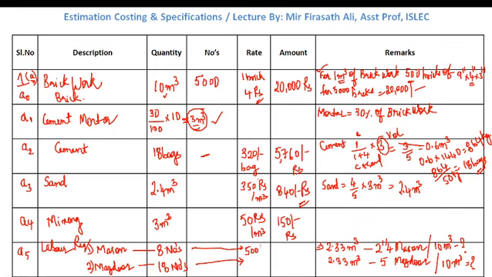We required about 8 masons, so 8 into 500 is 4000 rupees, and 18 into 400 is 7200 rupees.